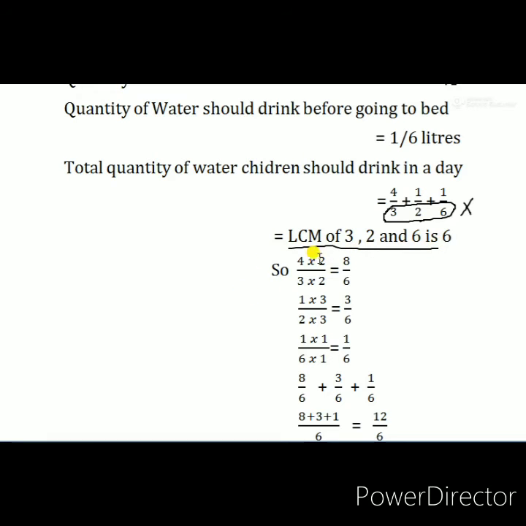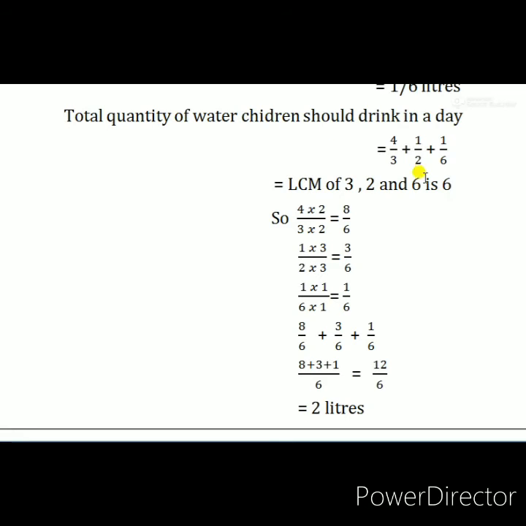If we find the LCM of these three numbers, we will get 6. Students, if you want, you can do rough work in your notebook and find the LCM of 2, 3 and 6. I have already found it and written it here. The LCM of 3, 2 and 6 is 6.